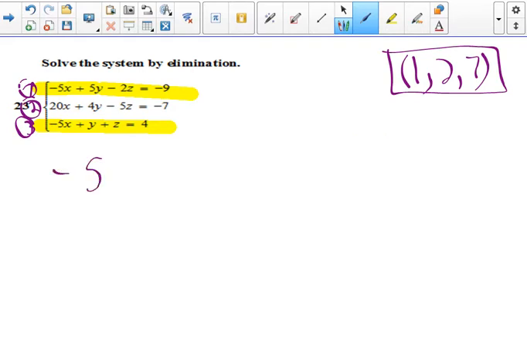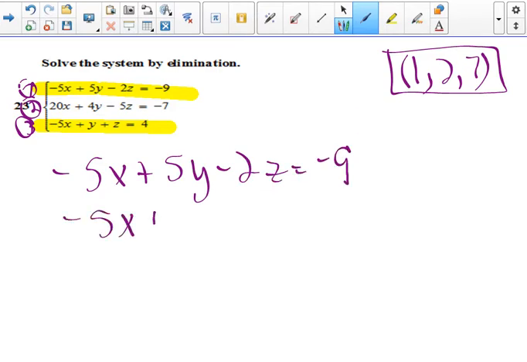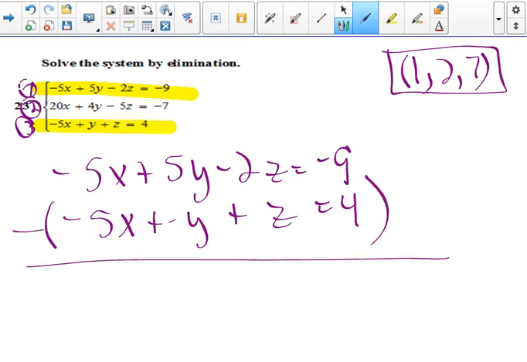So negative 5x plus 5y minus 2z equal negative 9. And then my third equation, negative 5x plus y plus z equal 4. Now I've got to subtract these to make my x eliminate. So instead of remembering to subtract every single term, I'm just going to go ahead and distribute a negative 1 across every term.